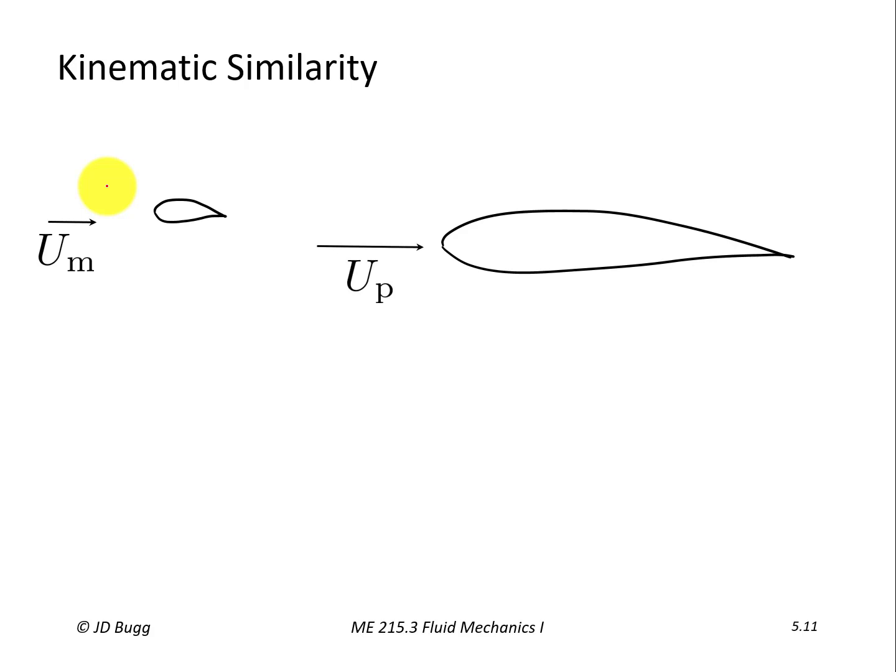So kinematic similarity refers to the ratios of velocities between the model and the prototype. So if we look at a particular spot near the surface of the model, then we'll have some velocity there. So point 1 is that particular spot. The velocity, which remember is a vector, at point 1 on the model is designated by this.